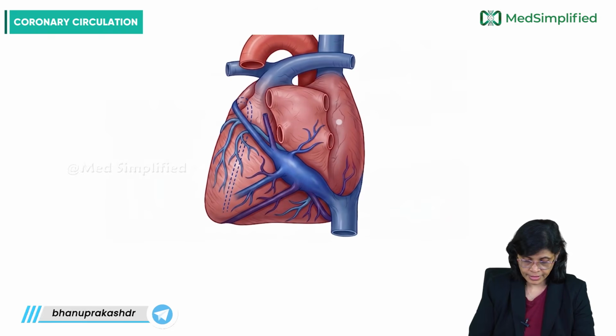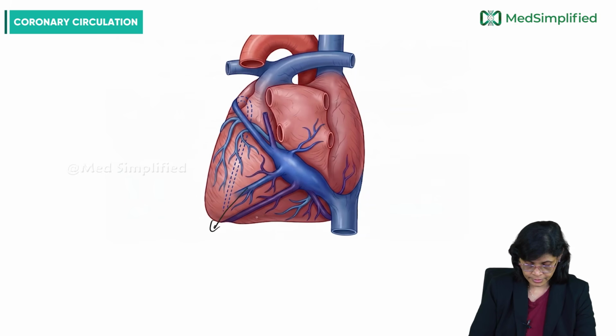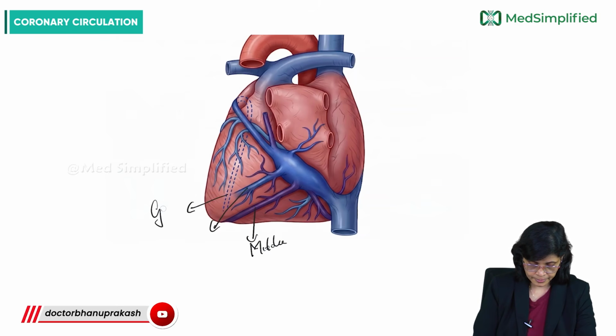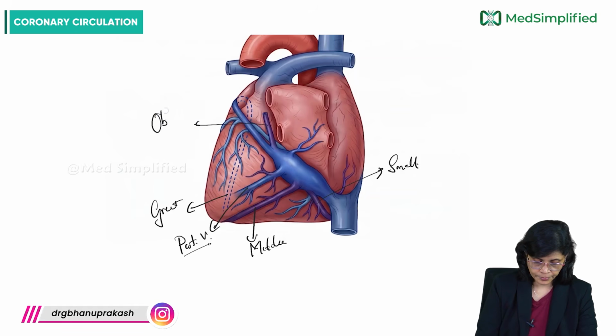So here we can see the coronary sinus on the posterior aspect. This is the great cardiac vein which is joining here. We can see this is middle cardiac, this is great cardiac, and here we have small cardiac. This is the posterior vein of left ventricle, and here we see the oblique vein.